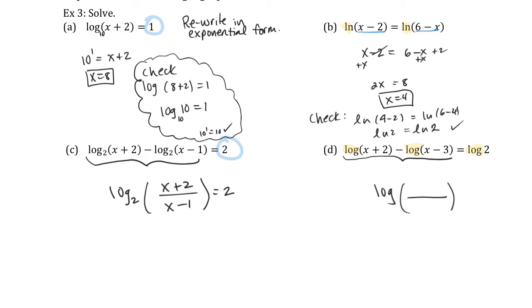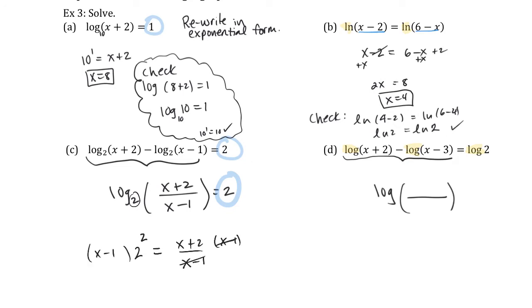Okay, welcome back. So we're going to rewrite, because there's a constant term. There are not logarithms on both sides. We're going to rewrite as this base to the 2 power, the second power is equal to the argument. Then we'll clear fractions, multiplying both sides by x minus 1.